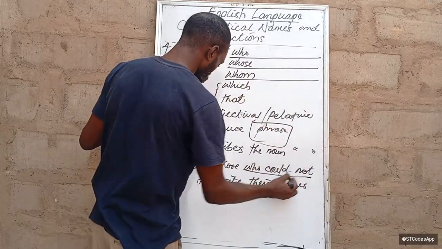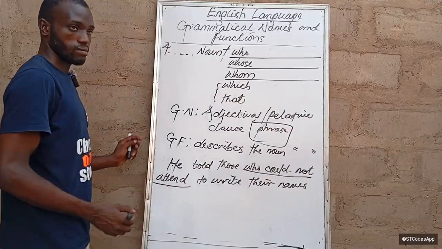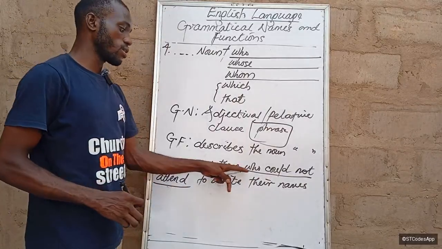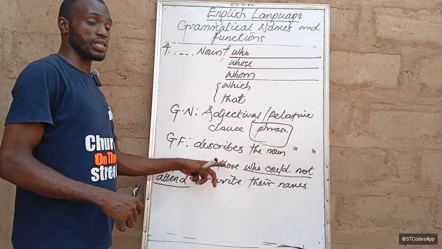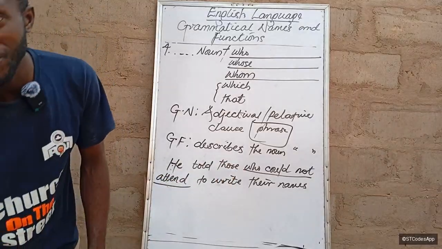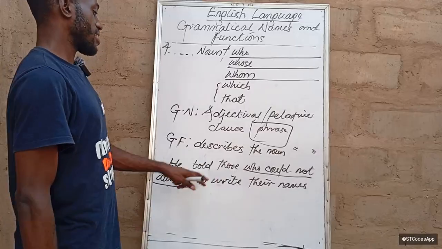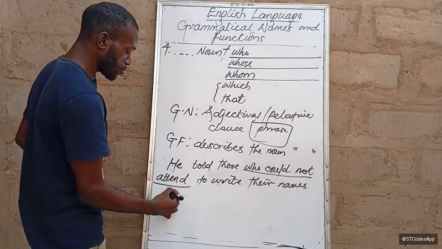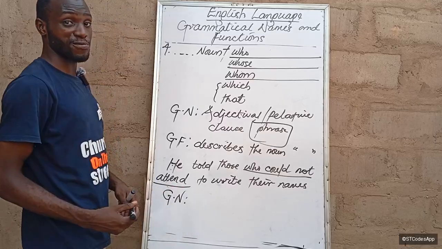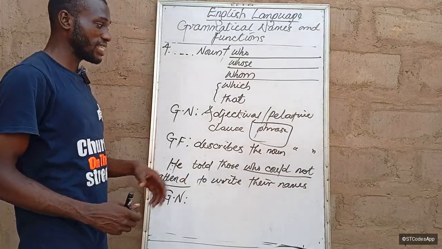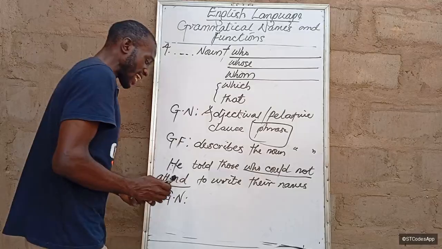Now, who could not attend? Now, this who is on the line. The structure on the line is from who. So, you ask, what is the grammatical name? Now, the grammatical name for this is going to be adjectival.